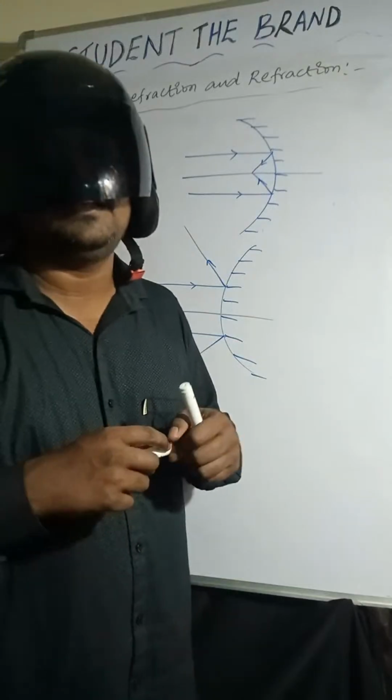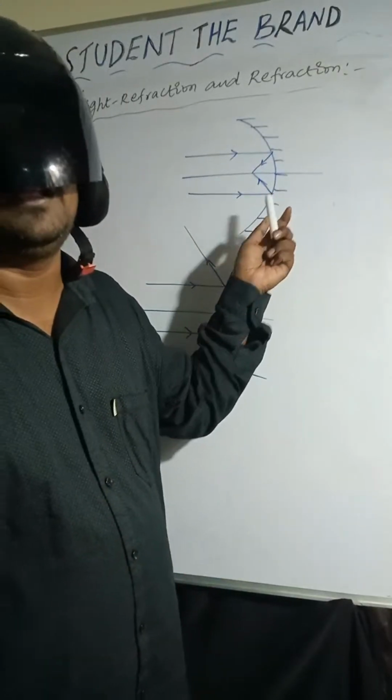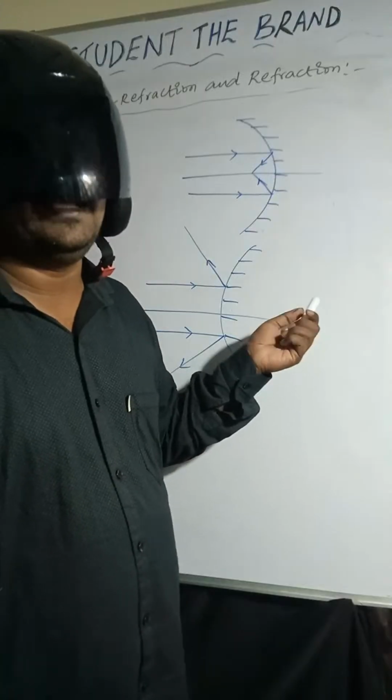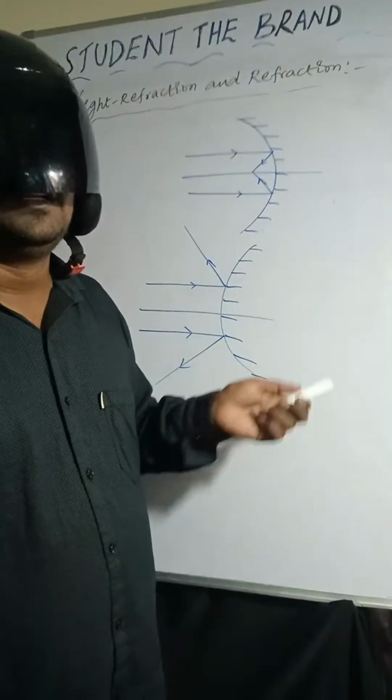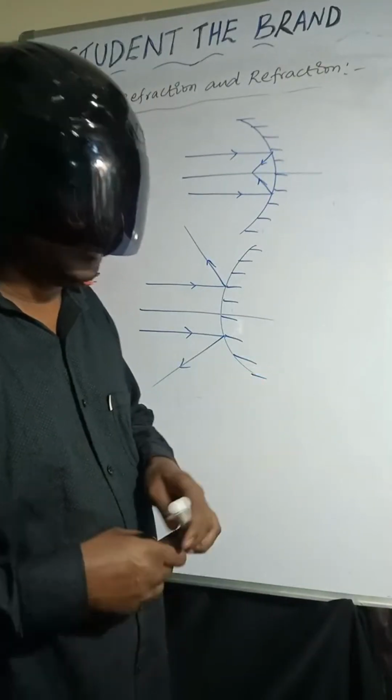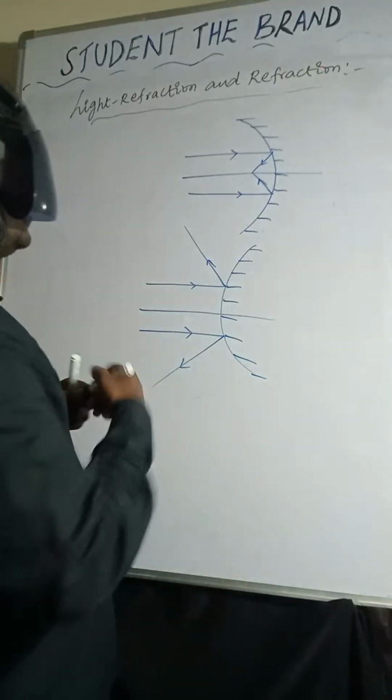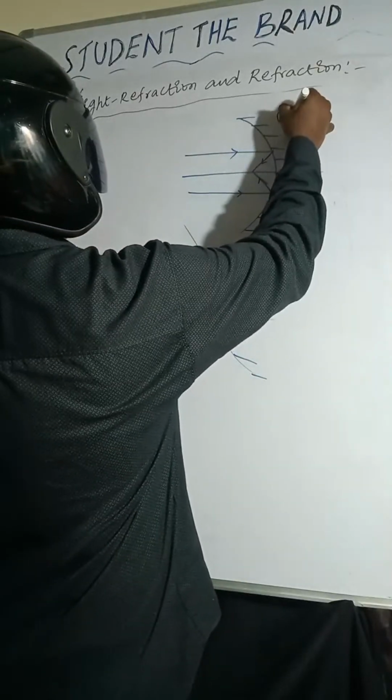So concave mirror is also known as converging mirror, whereas convex mirror is also known as diverging mirror. Concave mirror is also known as converging mirror. Convex mirror is also known as diverging mirror, right?